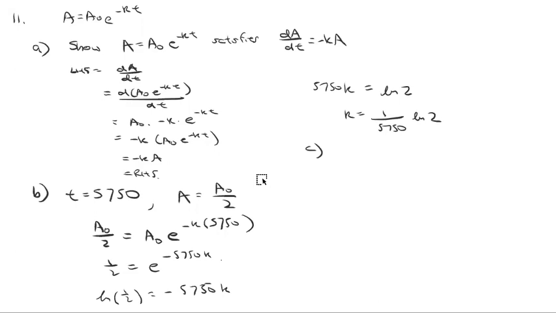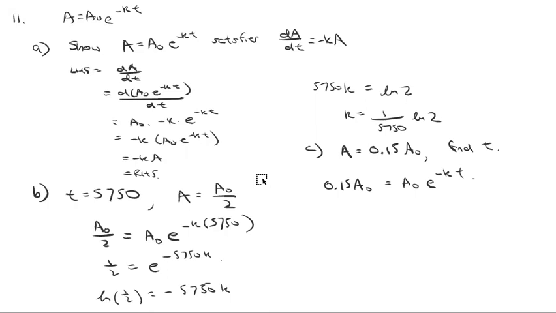Lastly, C, for a certain dead tree trunk, the amount of the isotope is only 15% of the original. How long ago did the tree die? Basically, they're saying that A equals 0.15 A0, find t. Now that we know what k is, we can do that quite easily. So we now have 0.15 A0 must equal A0 e to the negative kt.